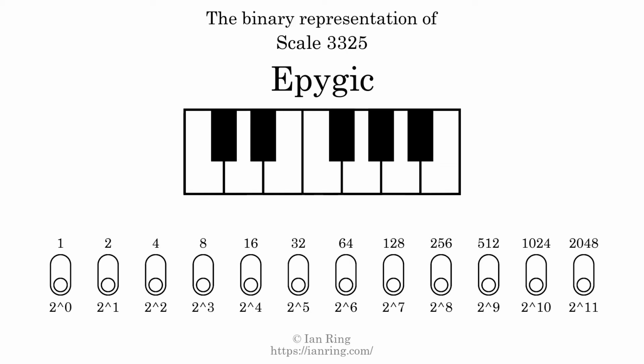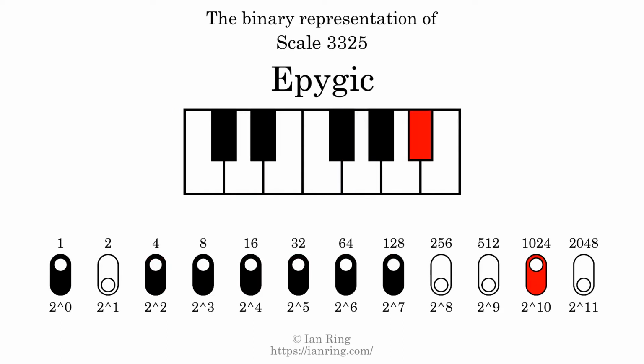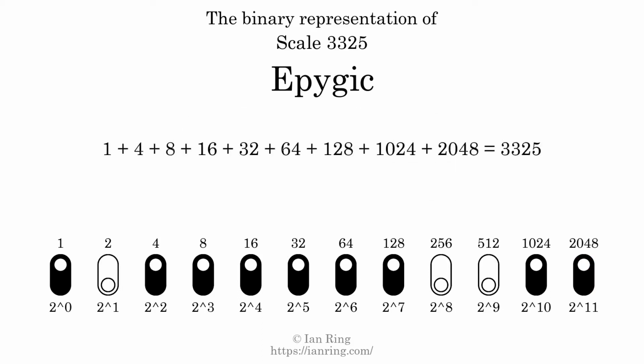The binary representation of this scale is determined by mapping tones of the scale to binary digits. Each binary digit represents a power of 2. To get the scale number, we add the powers of 2 together. The powers of 2 that are present in the scale, all added together, equals 3325.